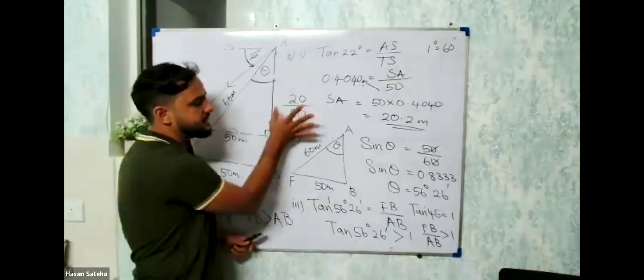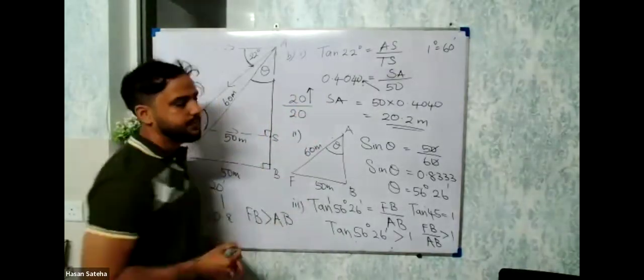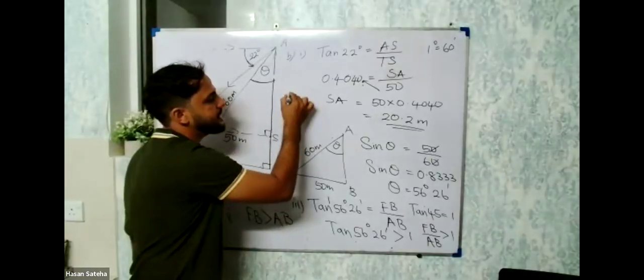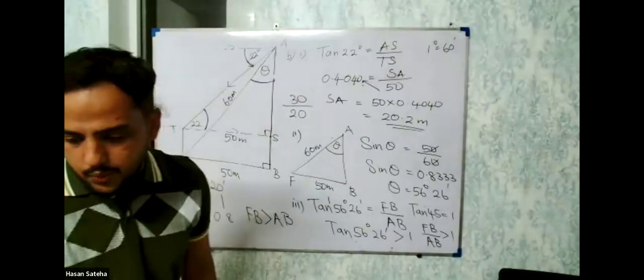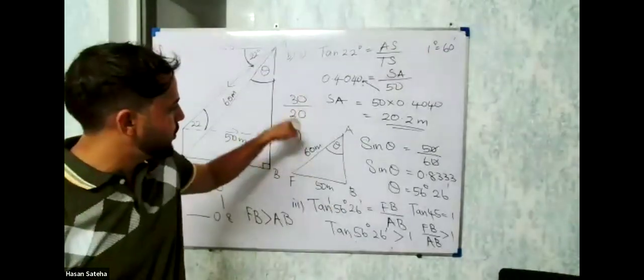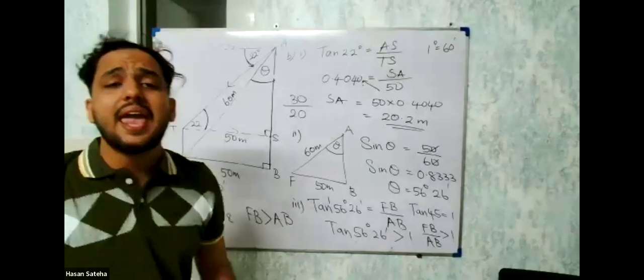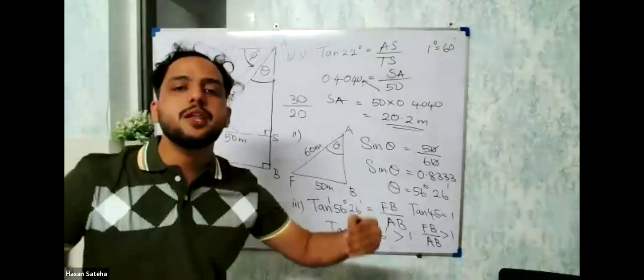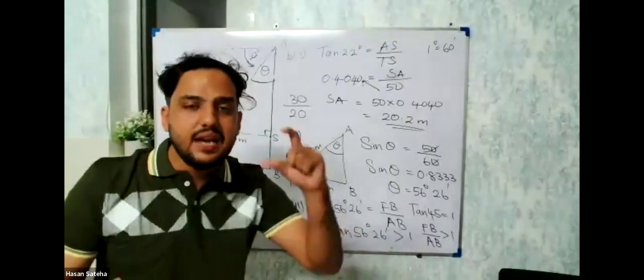Now let's say I don't change the denominator but increase the numerator, let's say I make it 30. Now what happens to the fraction value? 30 divided by 20, the zeros cancel, 3 divided by 2, that is equal to 1.5.